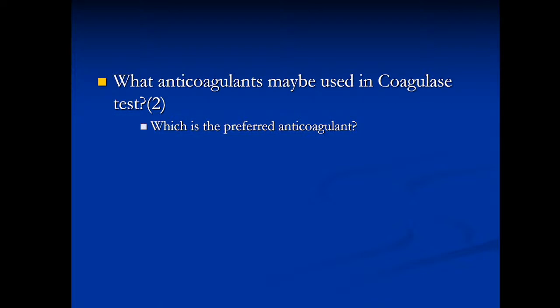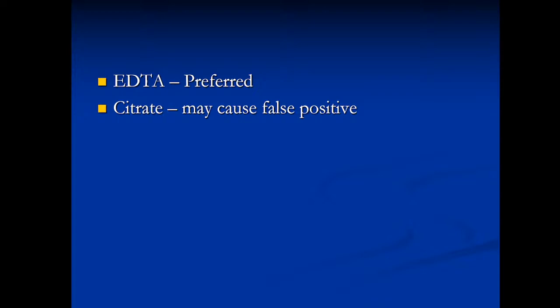So for anticoagulants, we can use citrate or we can use EDTA. Which one is preferred in the laboratory because of its availability? EDTA, although it might cause false positives on some strains.